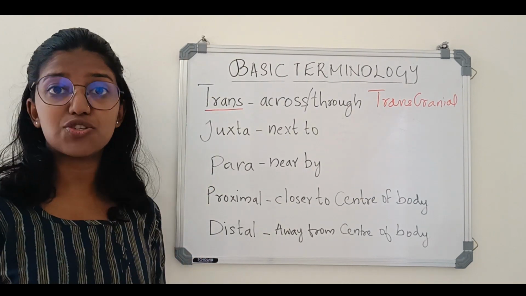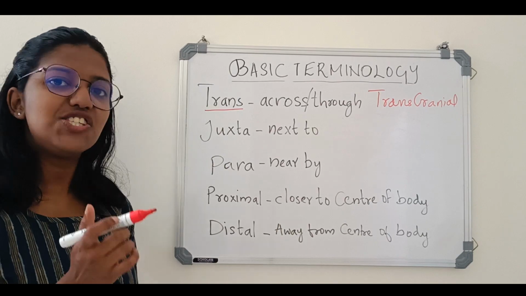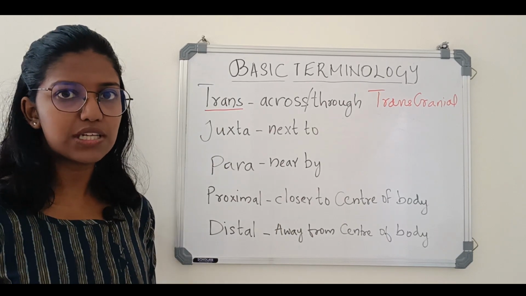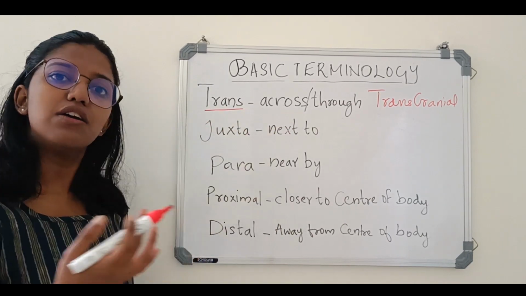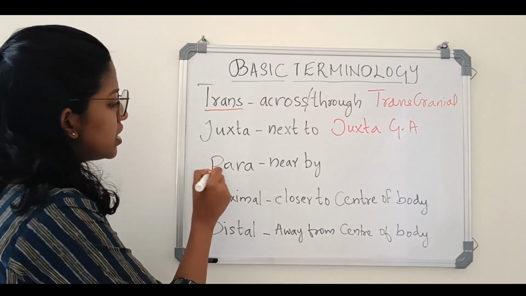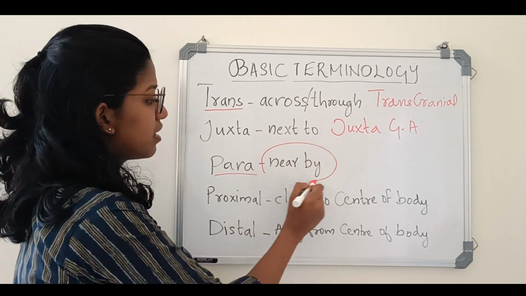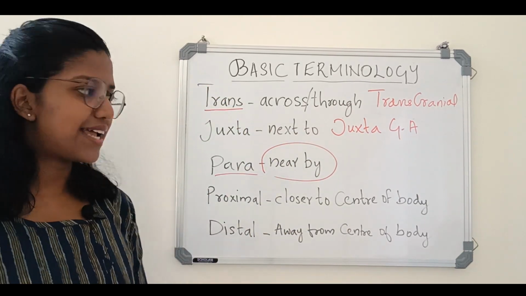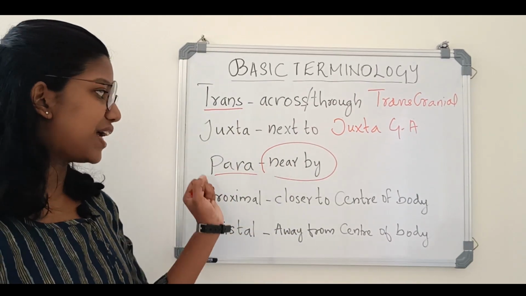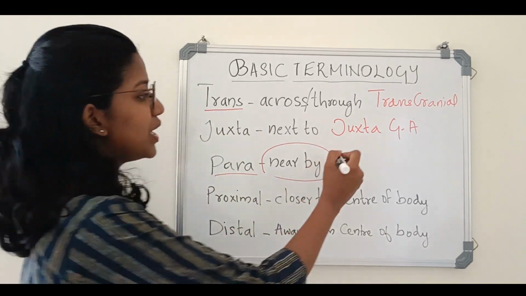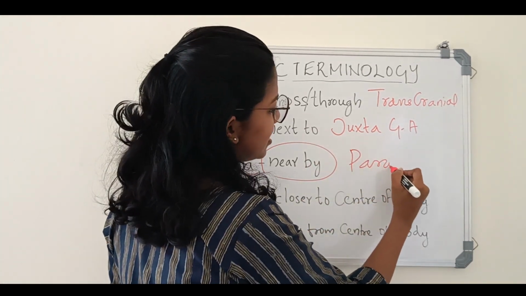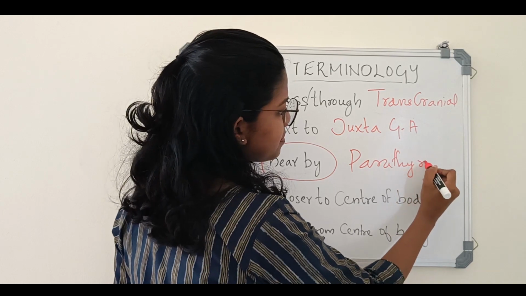Juxta means next to. You all might have heard juxtaglomerular apparatus. That means next to the glomerular apparatus. Now the term para. Para means nearby, like the gland which is located nearby the thyroid. We can say parathyroid gland.